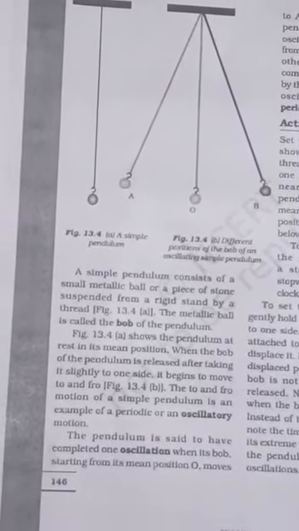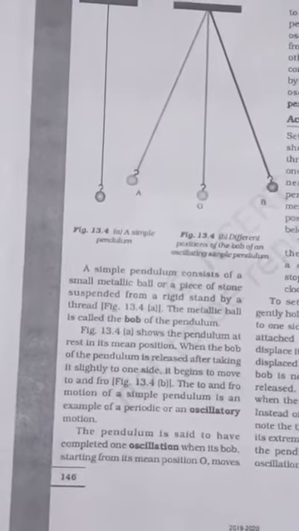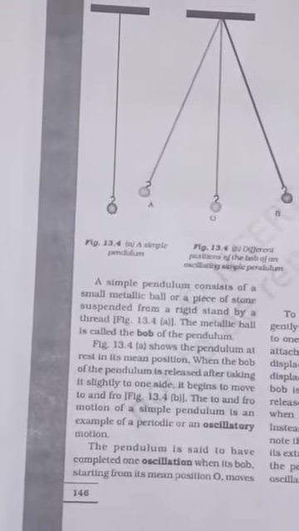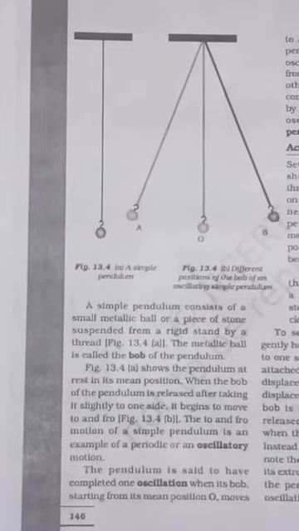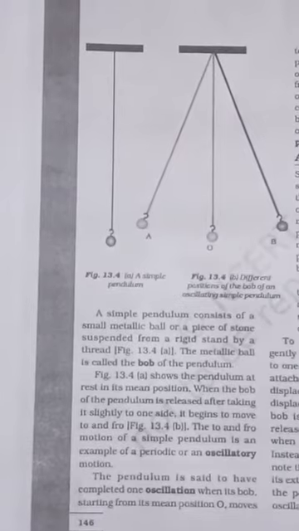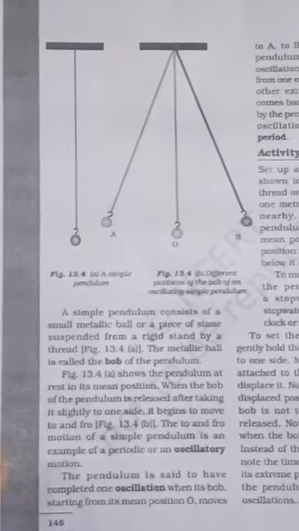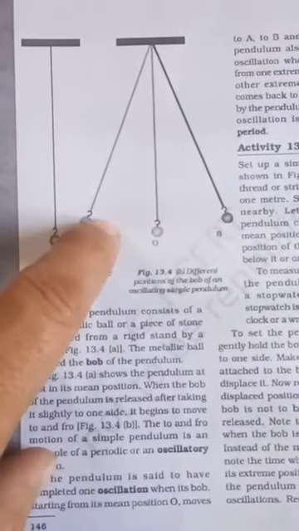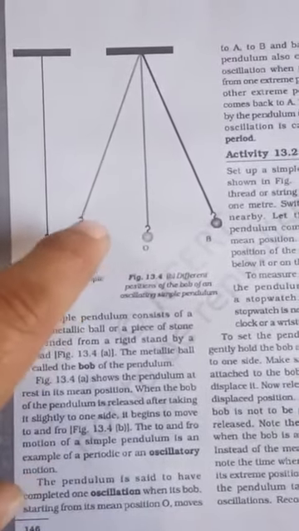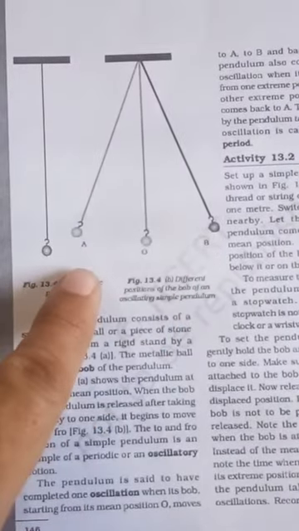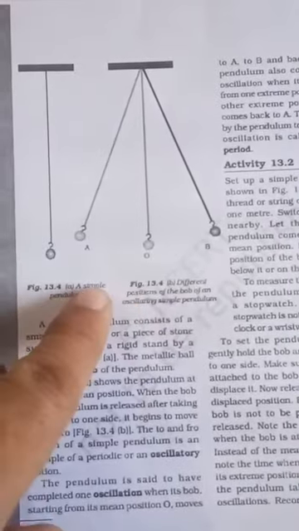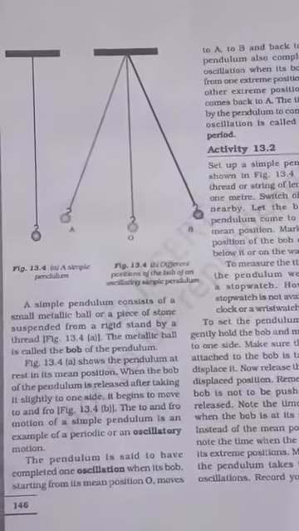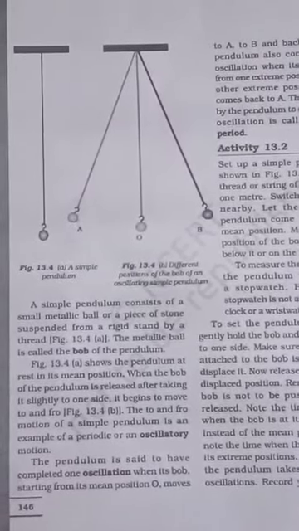You can make your own simple pendulum at home and do activity 13.2 by taking different time intervals. First, take the time for 5 oscillations, then 10 oscillations, then 15 oscillations, then 20 oscillations, and write your observations in the table.